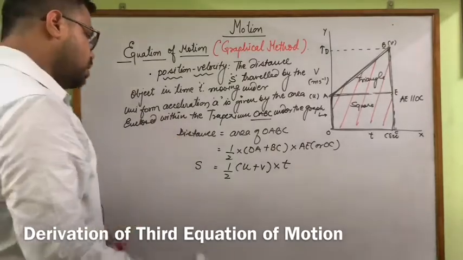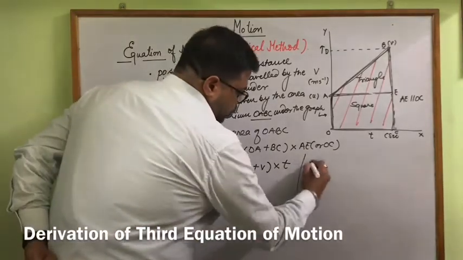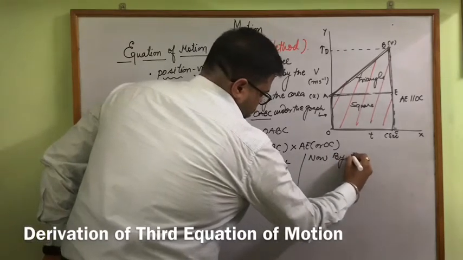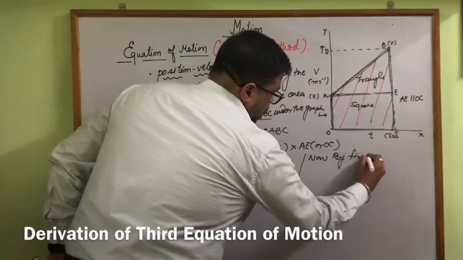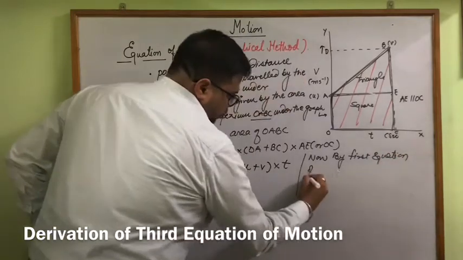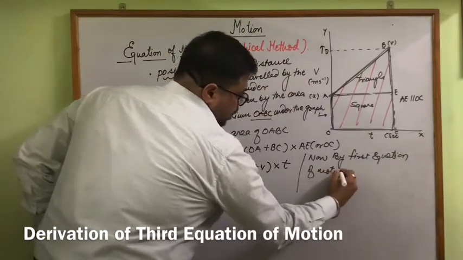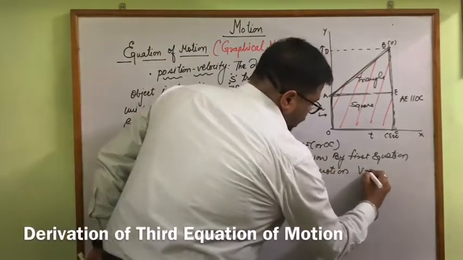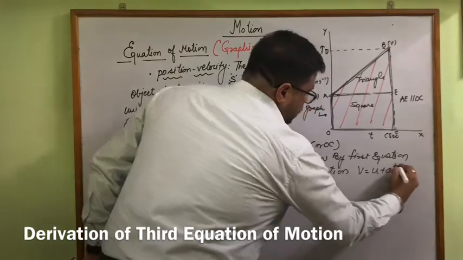Now we know that by the first equation of motion we can write one important thing: V equals U plus AT.